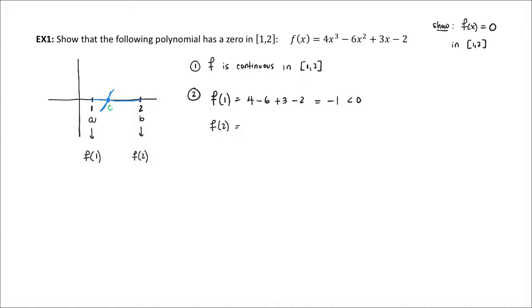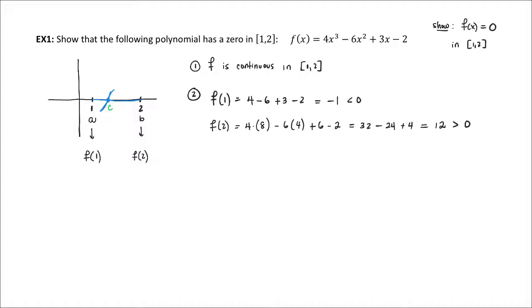F of 2 is going to be 4 times 8 minus 6 times 4, right? 2 squared is 4, plus 6 minus 2. So practically, I am substituting 2 into the polynomial. That is going to give me 32 minus 24 plus 4, which is going to give me 12. And 12 is bigger than 0.